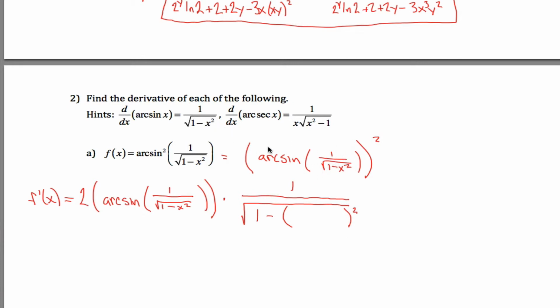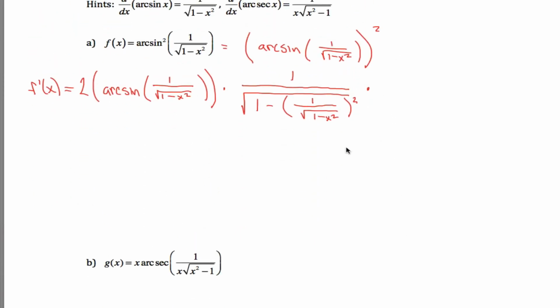So instead of writing an x right here, I'm going to write all this stuff: 1 divided by the square root of 1 minus x squared, squared. You could simplify this. The square root and the squared cancel out. A lot of stuff cancels out here. You don't have to, though. You can leave it just like this if you want. Then you're almost done. What you have to do then is multiply by the derivative of the final layer, 1 divided by the square root of 1 minus x squared.